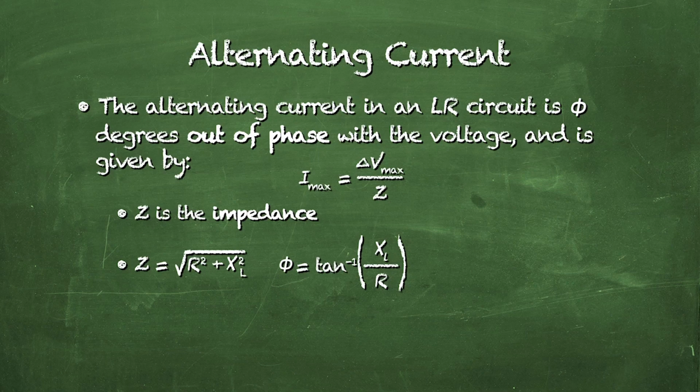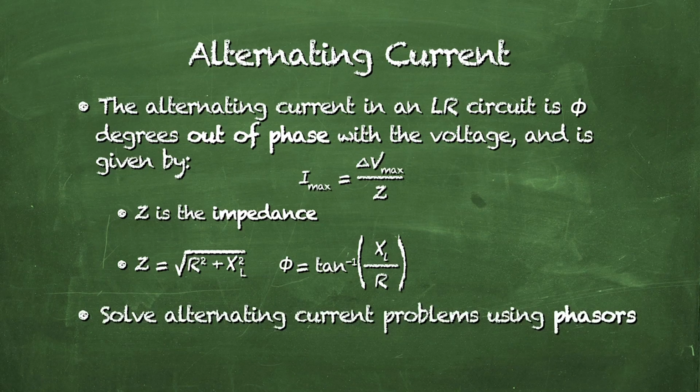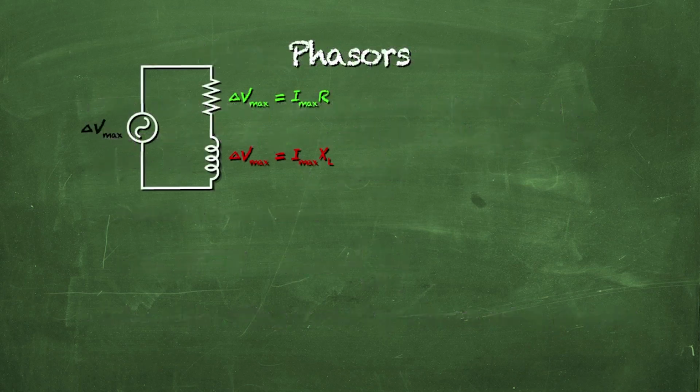Now, these equations should seem familiar from when we were working with vectors. And in fact, we solve alternating current questions using phasors, not vectors, but phasors. Let's take a look at what I mean by that. So here we have an LR circuit with an alternating voltage supply.